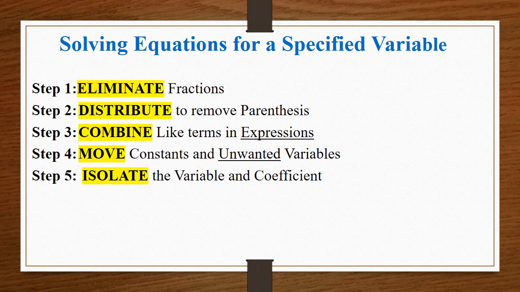Step 4, move your constants and unwanted variables. And step 5 is isolate the variable and coefficient. Eliminate, distribute, combine, move, isolate. Those are our keywords that we should think as we are navigating through the next process.